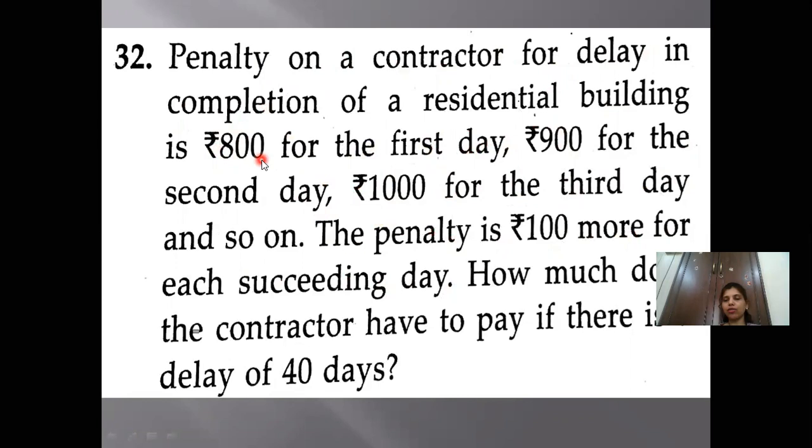So a is 800. Now how much does the contractor have to pay if there is a delay of 40 days? Means n is 40 days, so you have to find S40, because he will be paying rupees 100 more every day, and if it is delayed by 40 days, how many rupees he has to pay, that we have to calculate.